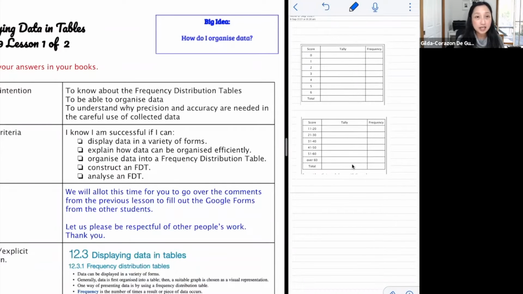But as you learn data throughout grades 7, 8, 9, and 10, you will notice that these columns would add up every single time, depending on what we need from this table. For now, we'll be looking at the frequency distribution table with just 3 columns.